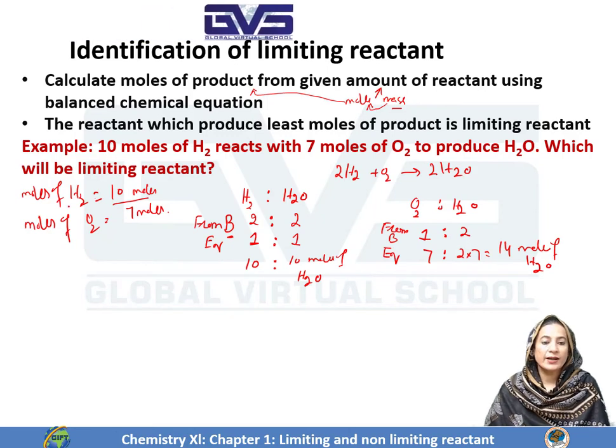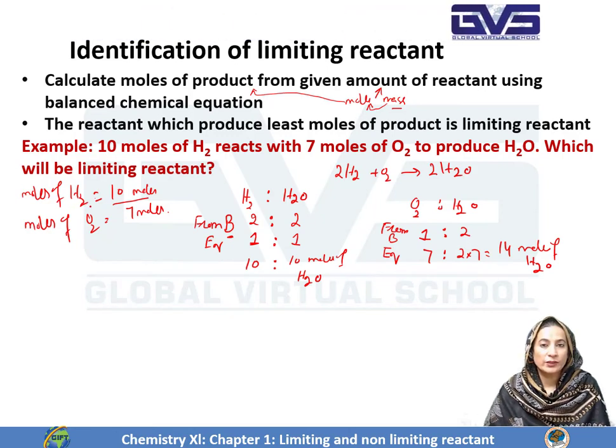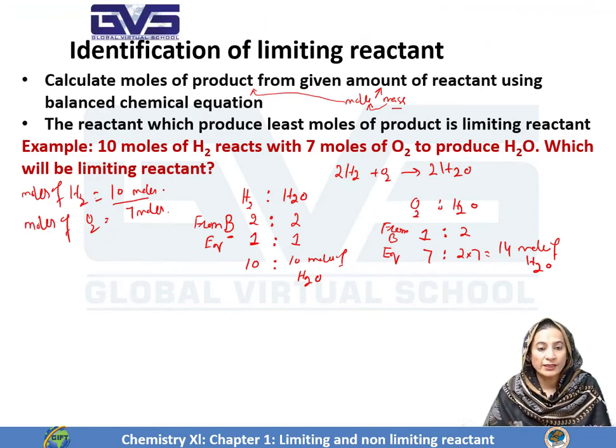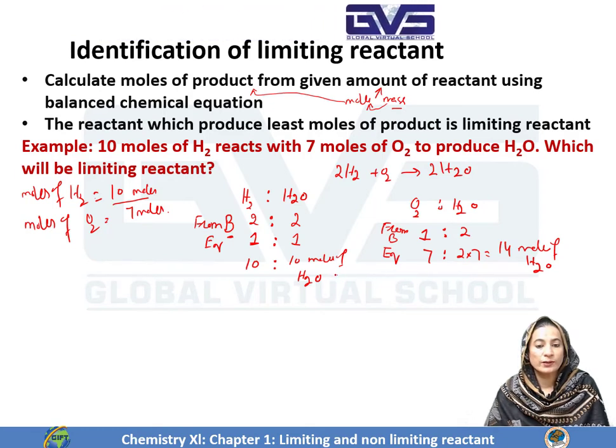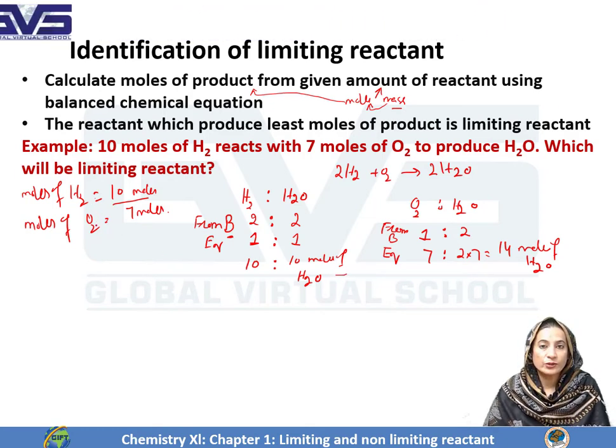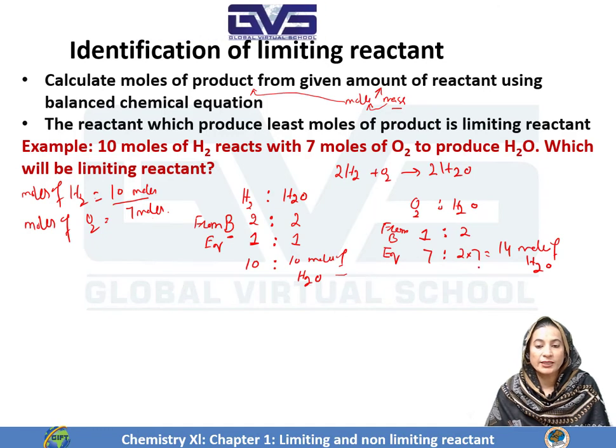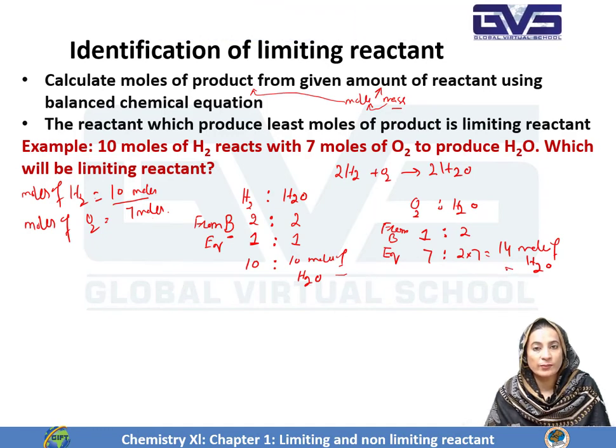So it means when 10 moles of hydrogen will consume completely, then 10 moles of H2O will be formed. When 7 moles of O2 will consume completely, then 14 moles of H2O will be formed.